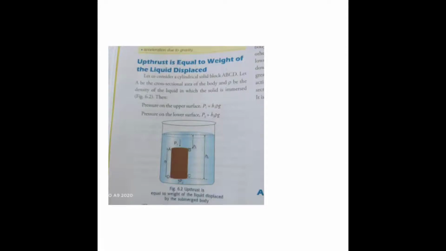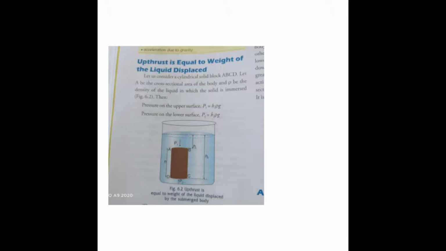So let us consider the pressure exerted on the top surface, that is h rho g, that means h1 rho g, where h1 is the height from the surface, and the pressure on the lower surface is h2 rho g. Now you see the pressure exerted on the lower portion is always greater than the pressure exerted on the top portion, right?